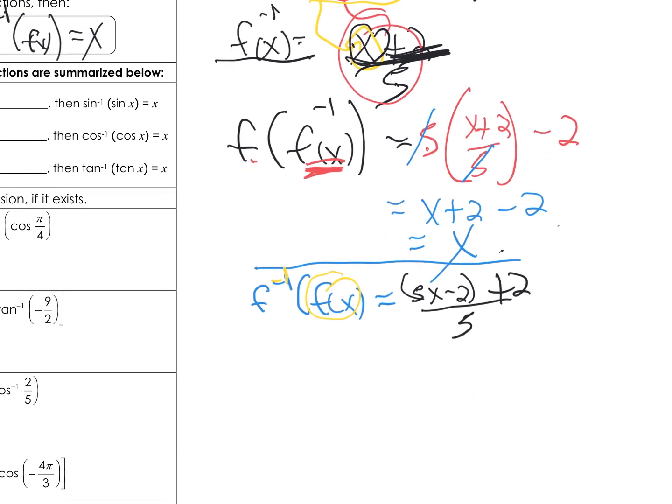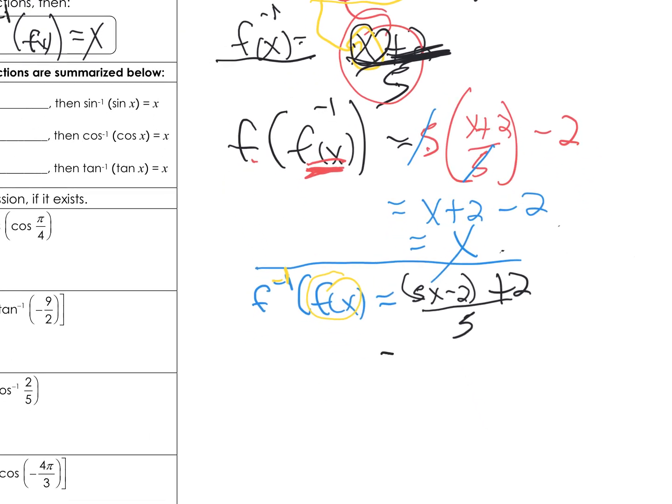Let's clean that up. 5x minus 2 plus 2, over 5. The minus 2 plus 2 cancel. I lost my 5. Let me put my 5 there. It was a 5x minus 2.